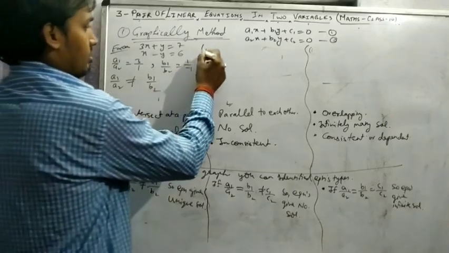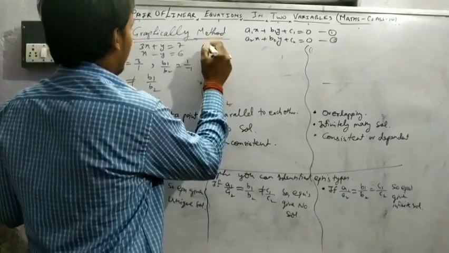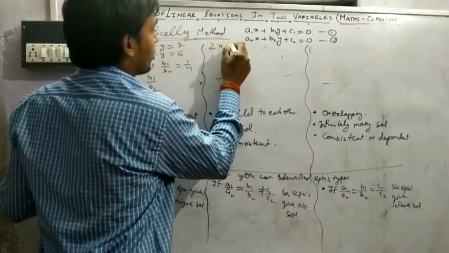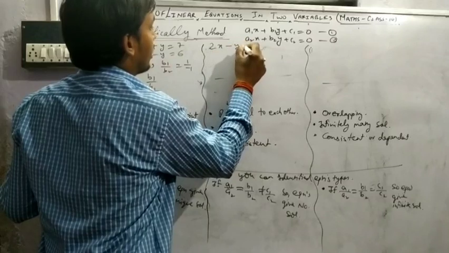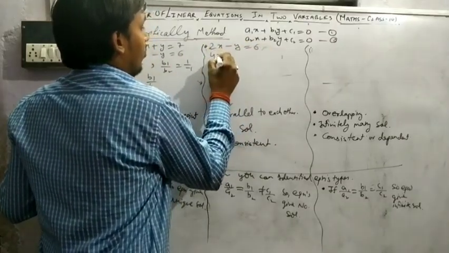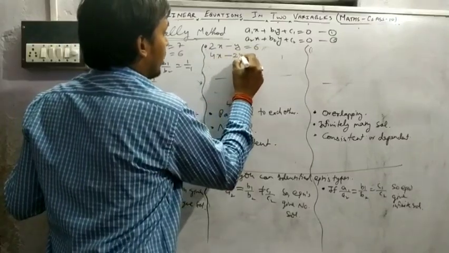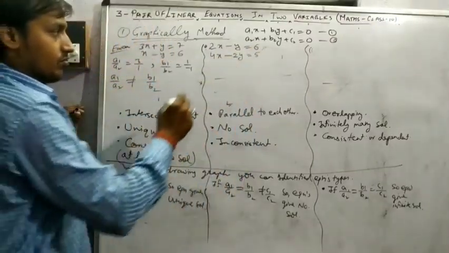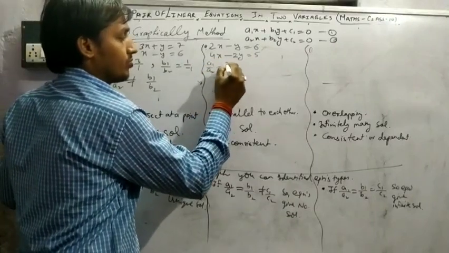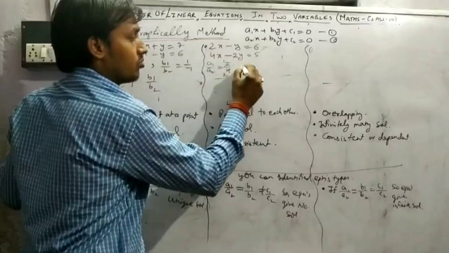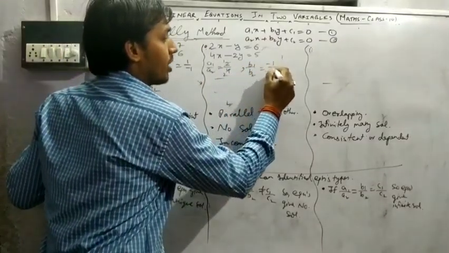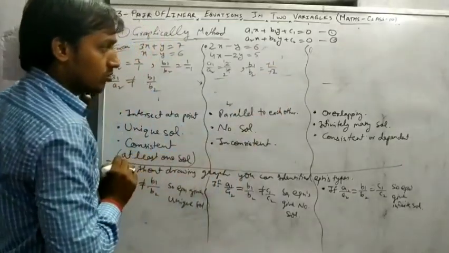Okay. Take this example: 2x minus y equal to 6, 4x minus 2y equal to 5. Find A1 upon A2, 2 upon 4, 1 upon 2. B1 upon B2, minus 1 upon minus 2, cancel out, 1 upon 2.